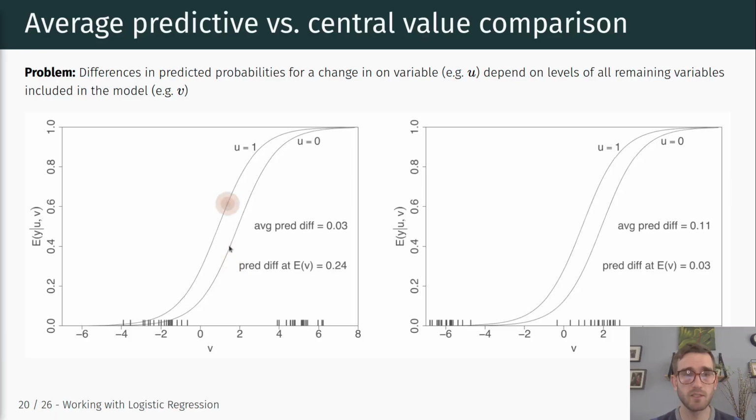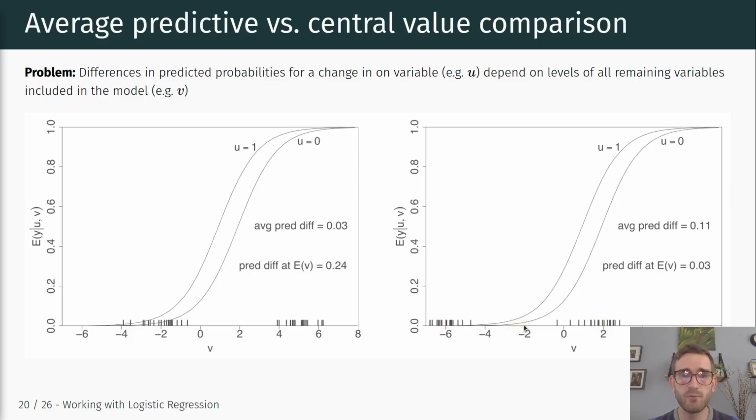So the predicted difference at the expectation of v is equal to 0.24. That's the difference around here between our u equals 0 and u equals 1 logistic lines. Moving on to the right-hand side, we have a different distribution for v, and therefore also a different expectation of v. Now the expectation of v is again somewhere between those two sets of observations, somewhere around here.